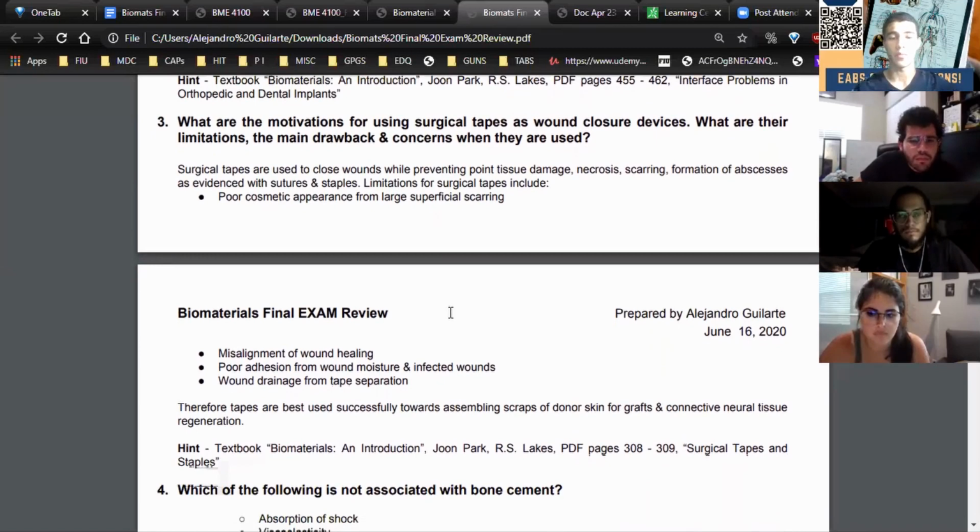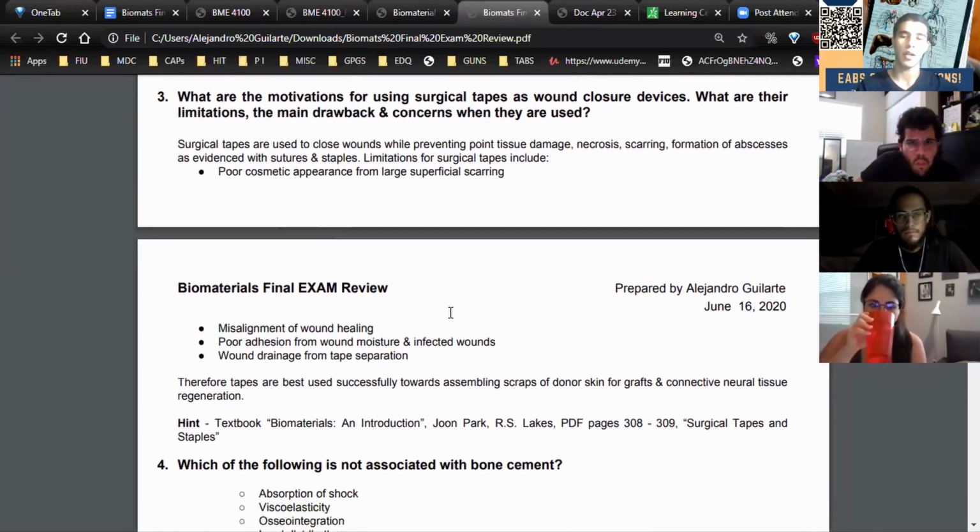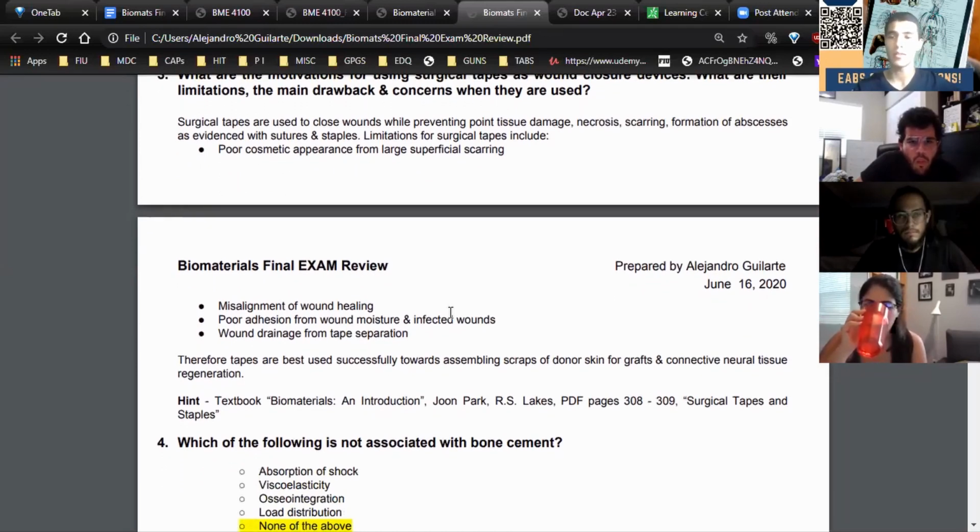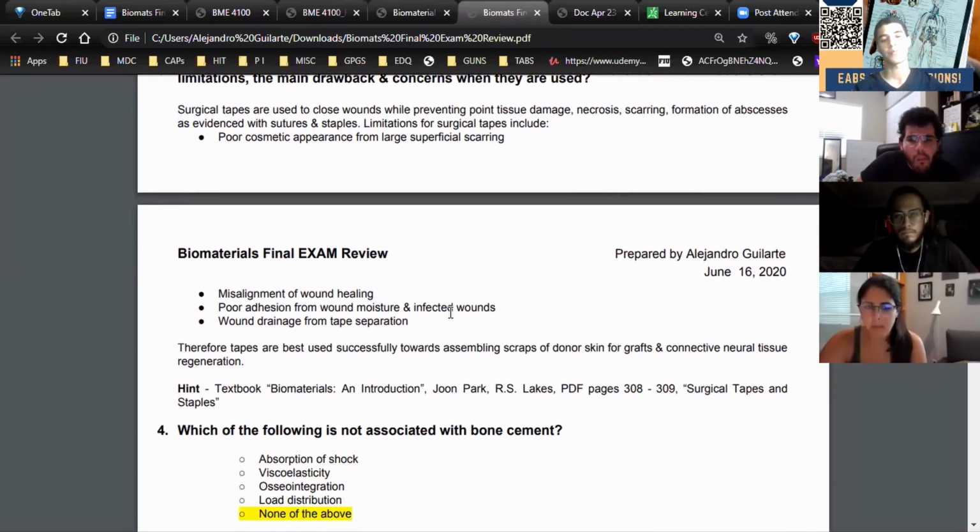And overall, it's actually poor adhesion compared to staples and sutures. It might lead to the creation of abscesses and pus pockets and wound drainage. So the only scenario where surgical tapes may actually be beneficial is when it involves different parts of skin graft and neural connective tissue, and you want to put those all together in a mesh on the surface.